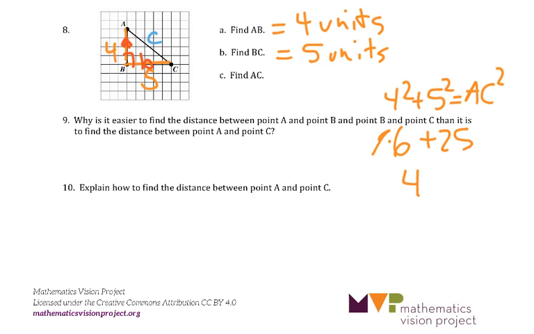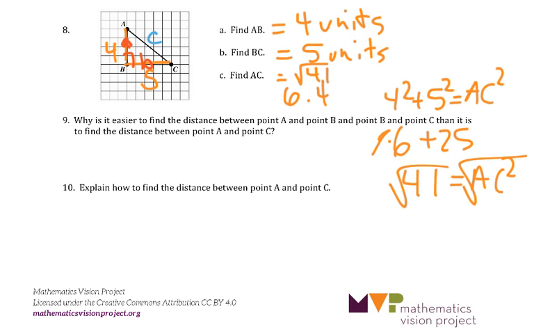Add them together, we get 41. So, to get rid of that square, we take the square root. So we could say the square root of 41, or in our calculators that would be about 6.4. And now the decimal keeps going at 6.403124237432849. At least that's as far as the calculator showed me. But we probably want to round to the nearest tenth on that one. Alright.